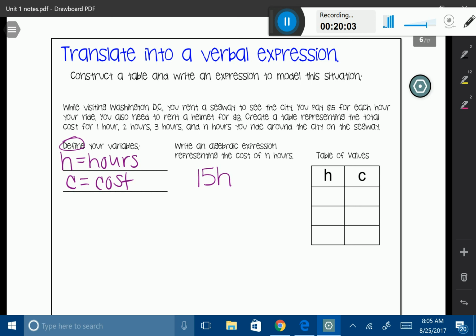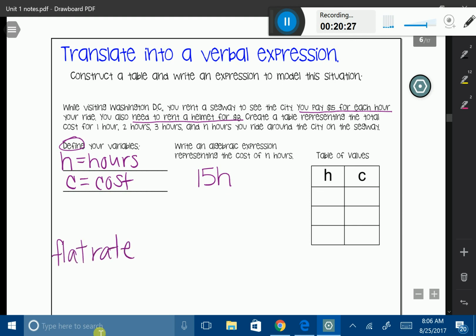But you'll notice here, not only do I have to pay the $15 for each hour, I also have to rent a helmet, and the helmet's $8. But I'm not going to rent the helmet over and over for every hour. It's a one-time deal. Sometimes we like to call that one-time purchase a flat rate. I'm going to write that down here. A flat rate.